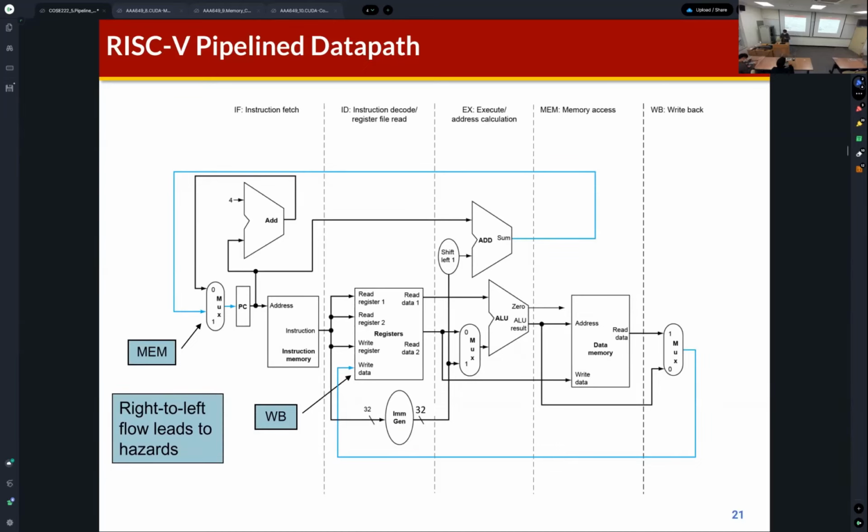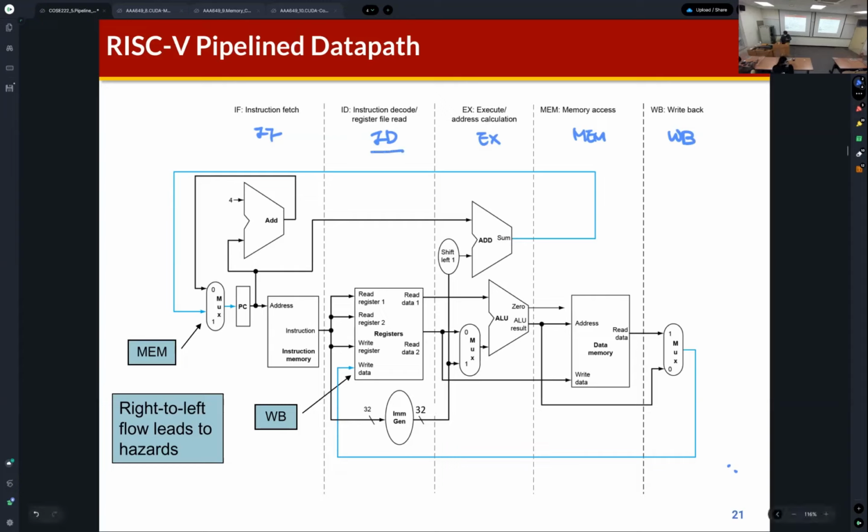As you can see, this is the single cycle processor design we learned in the previous topic. We can split each step of the single cycle processor into 5 steps: instruction fetch, instruction decoding, EX, memory, and write back. During the instruction fetch stage, the instruction is read from the instruction memory.